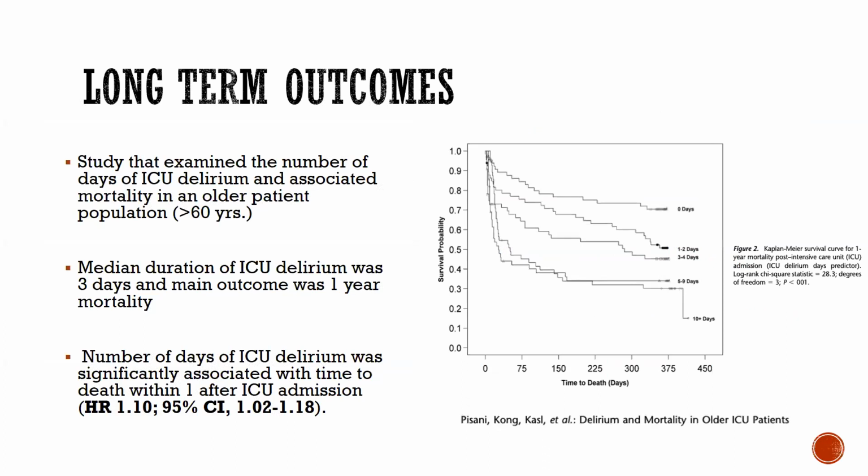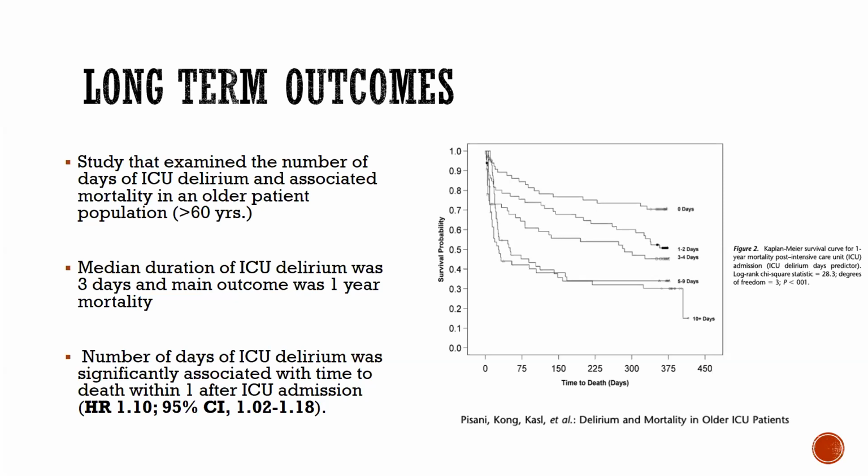Here was a study published I think 10 years ago that looked at the number of days of ICU delirium and associated mortality, specifically in patients older than the age of 60. The median duration of delirium in these patients was about 3 days, and their main outcome was 1 year mortality following discharge from the ICU. They found pretty significant evidence showing that the number of days of ICU delirium was significantly associated with time to death, 1 year after admission.